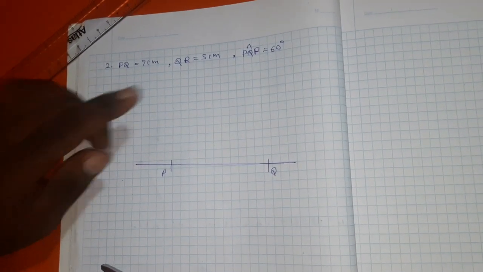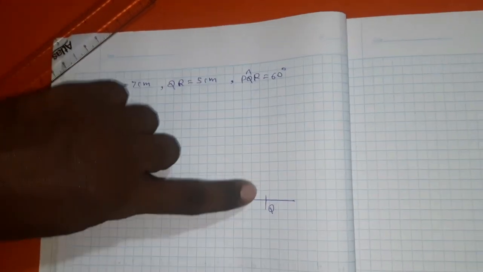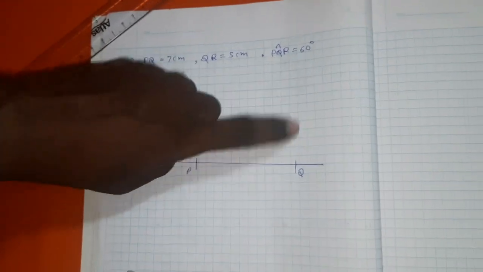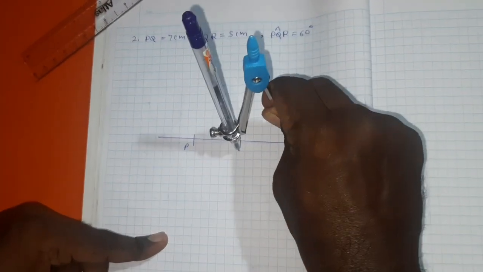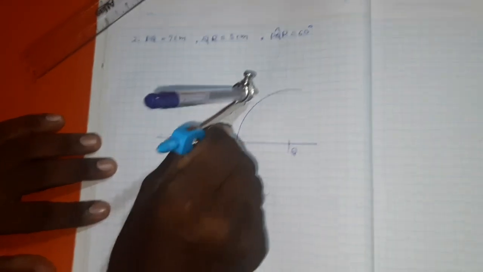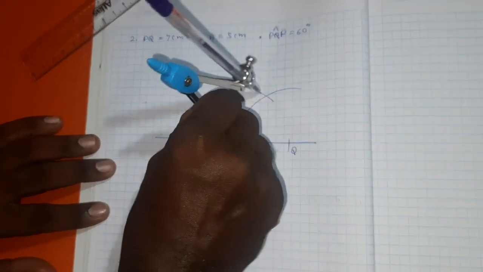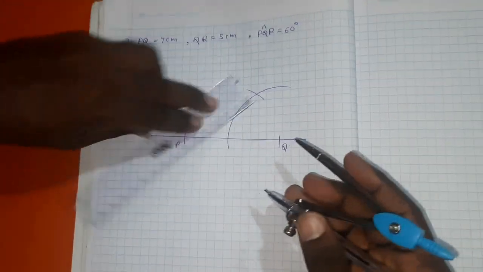Thereafter, hope you remember how to construct PQR angle 60 degrees. Therefore, we have to keep the compass at Q, then draw an arc. Then without changing the length, when we intersect the same arc, it will give us 60 degrees angle.